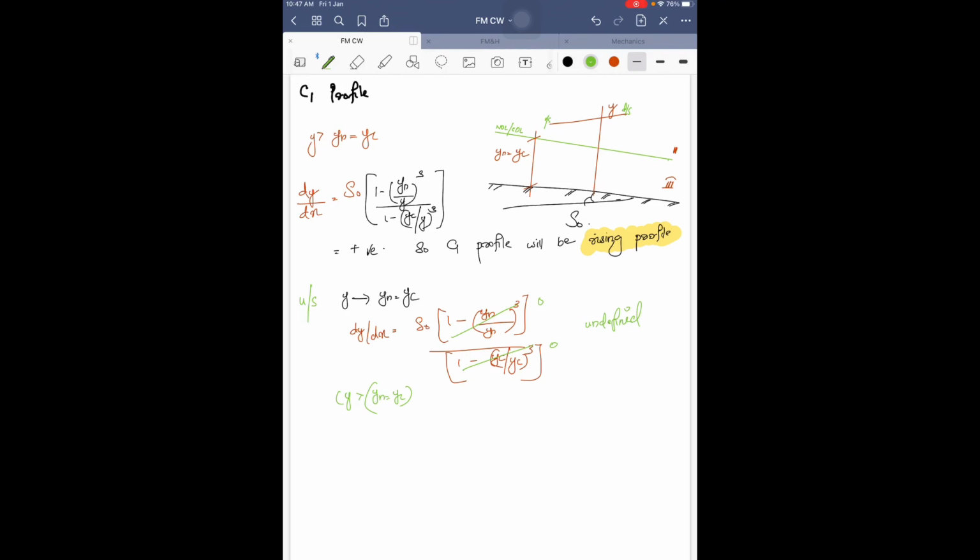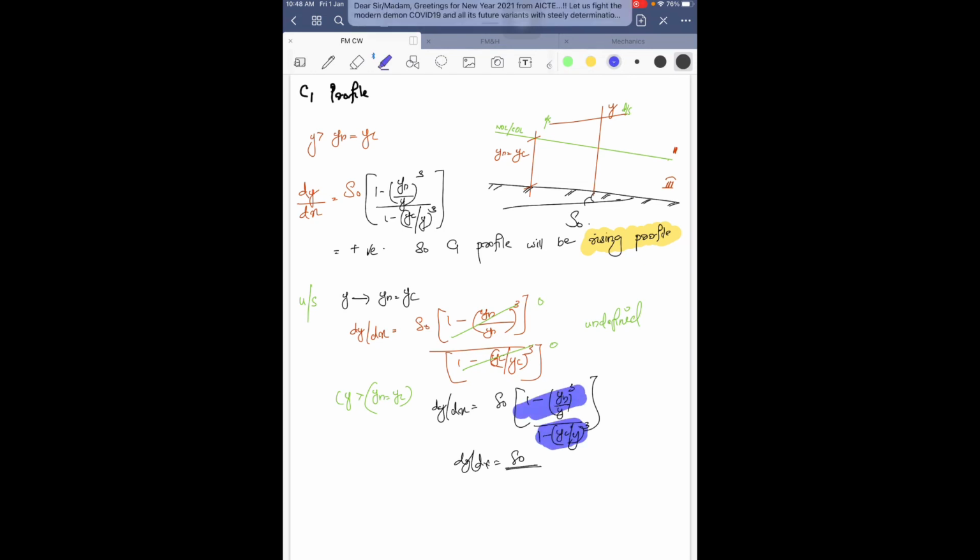So our equation will become dy by dx is equal to S0 into 1 minus yn by y, divided by 1 minus yc by y whole cube. Since y is a value higher than yn, and also higher than yc, we will get dy by dx equal to S0, because these two terms will be somewhat the same.